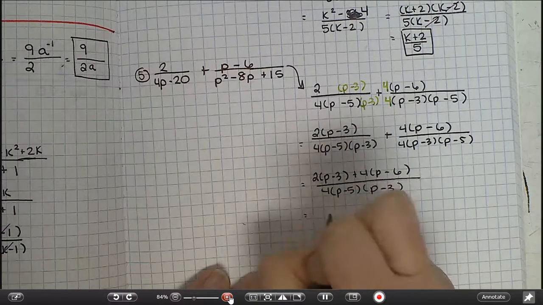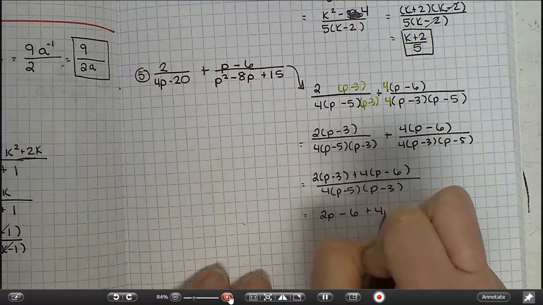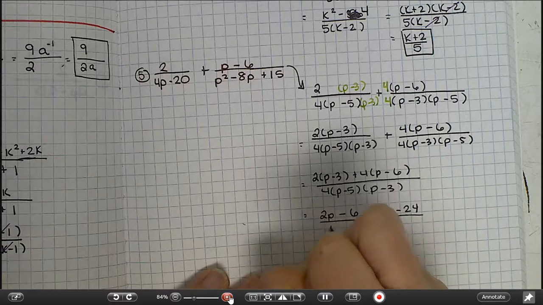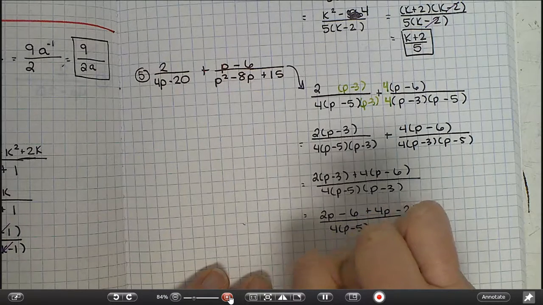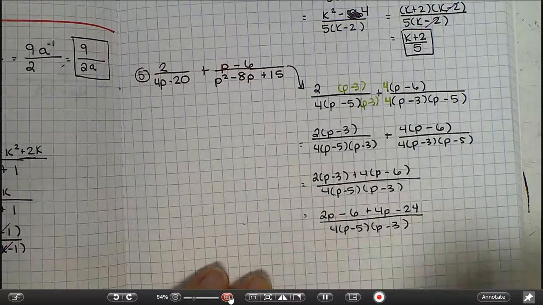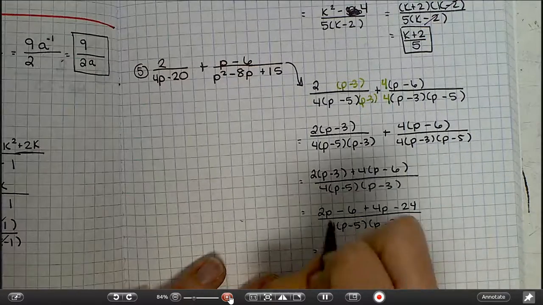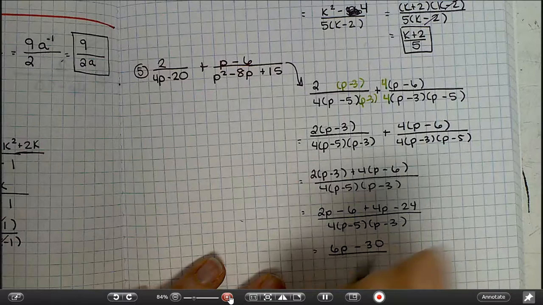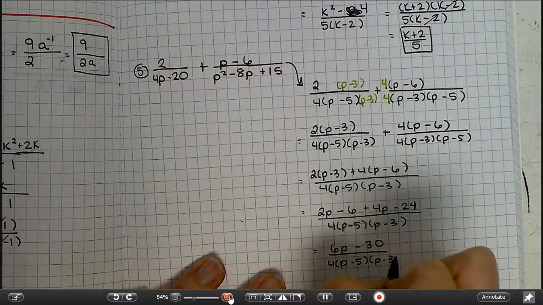All right, simplify on the top, so 2p minus 6 plus 4p minus 24 over our common denominator. Combine like terms. And keep our denominator.